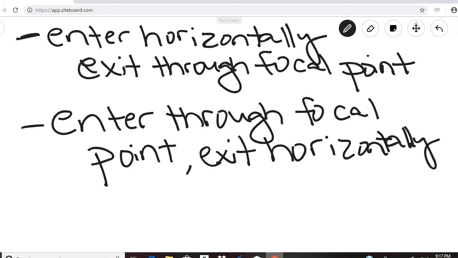Okay, and those are the same two things that we saw when we looked at mirrors. The same two rules. And then you could also say that any ray that travels right through the center won't be deflected. It'll travel straight through the center. So we just won't even worry about that one. Okay, so let's do example 12.5.